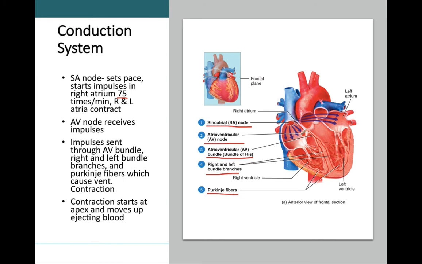Once the AV node is excited, it's going to pass this signal down to the bundle of His, into the right and left bundle branches, and then into the Purkinje fibers. And the contraction of the ventricles is going to begin at the apex, so that it forces the blood into these major vessels. So again, taking the signal from the atria to the ventricle is done primarily by the AV node.